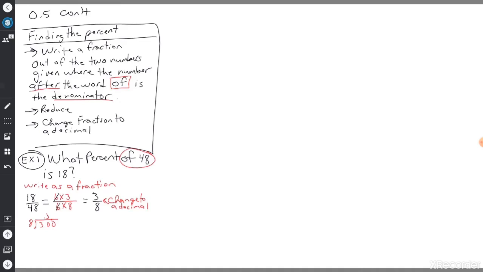So 3 times. And then 3 times 8 is 24. So 6 is left over. Drop down a 0.